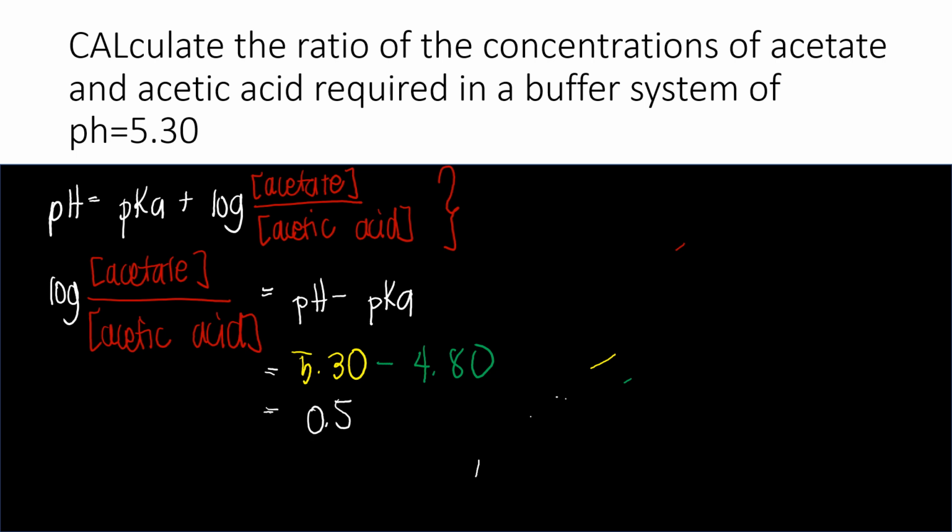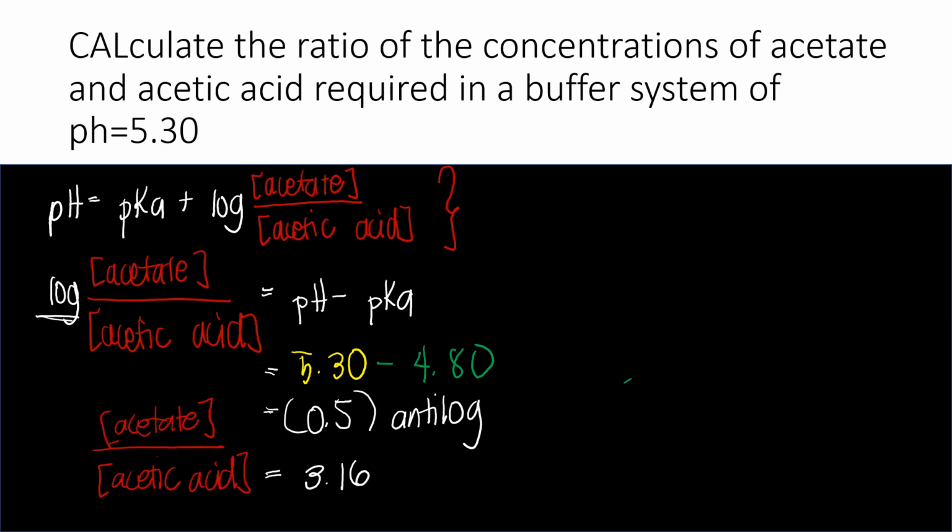And we get the antilog of this one to cancel the logarithmic term here. So antilog will give us the answer 3.16. Therefore, the ratio of the concentrations needs to be 3.16.